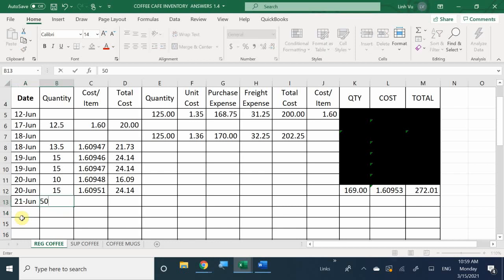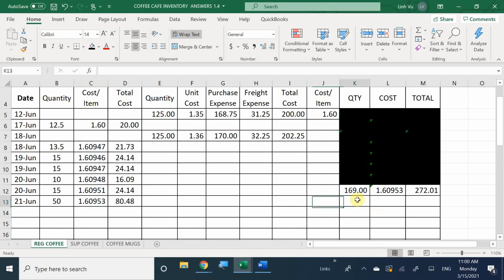We sold a total of 50 pounds, at the cost of $1.6053. What's my total cost? $80.48. Yes. So let's update my inventory.